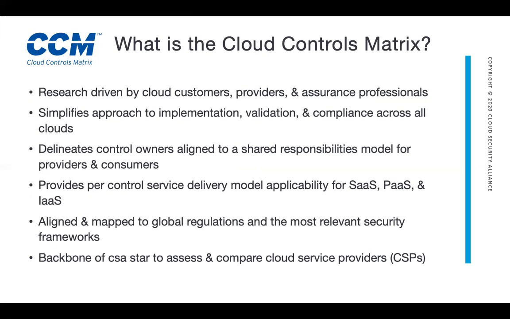And last but not least, the CCM, as you may already know, constitutes the backbone of the CSA STAR program and the three STAR levels for self-assessment, third-party certification, and continuous auditing.